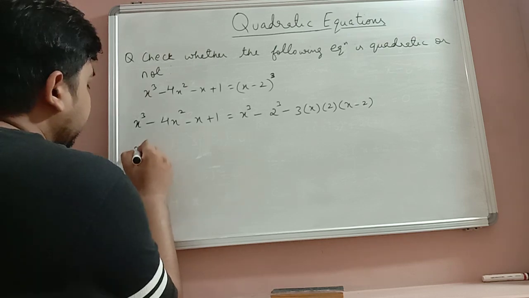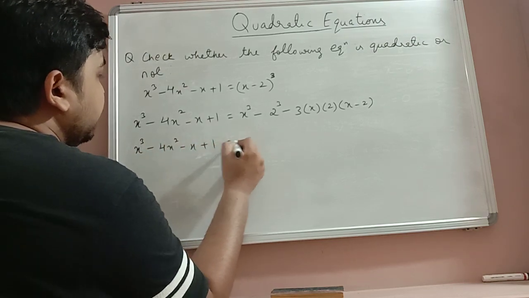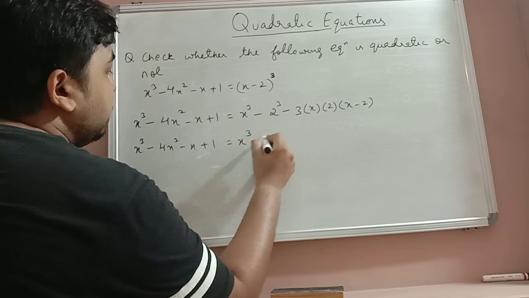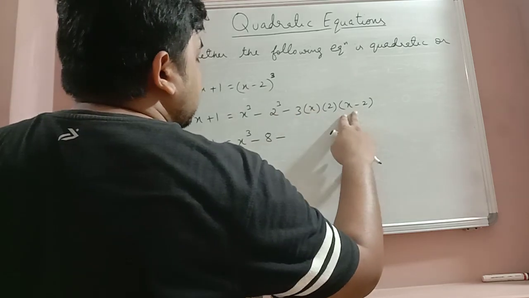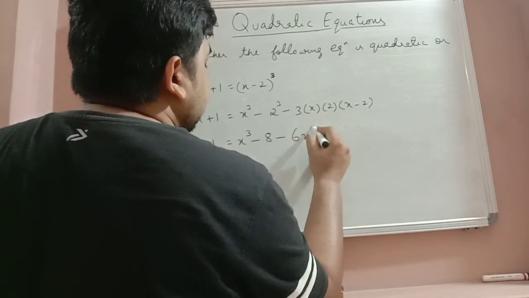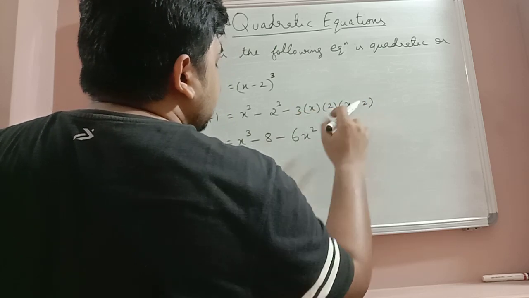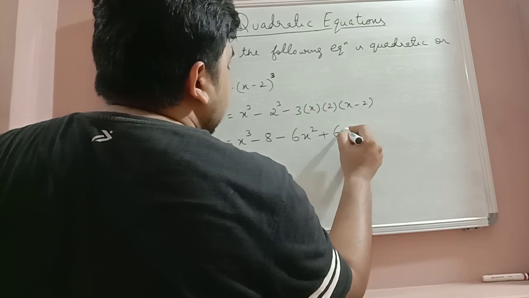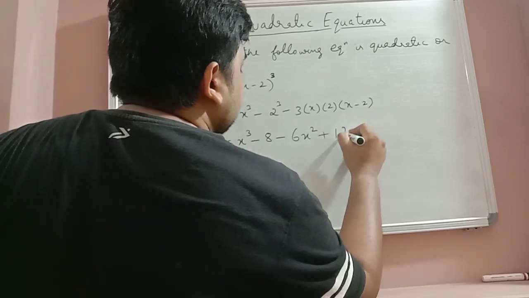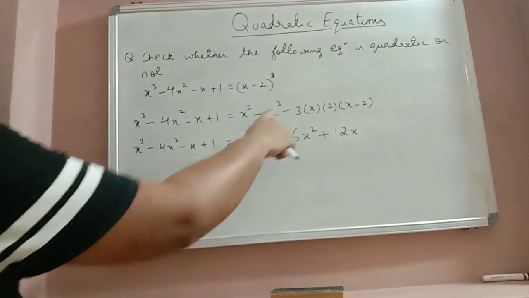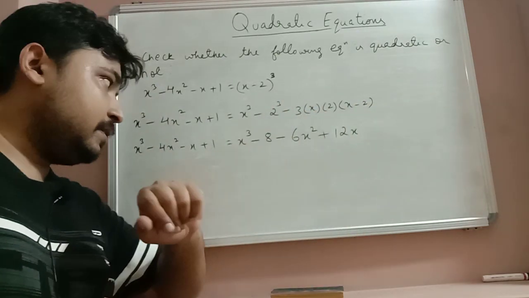Now on further solving we will get x cube minus 4x square minus x plus 1 equals to x cube minus 8 minus 3 times 2x into x, that is minus 6x square, and minus 3 times 2x into minus 2, that is plus 12x. 3 times 2 is 6, 6 times 2 is 12, and minus minus becomes plus.